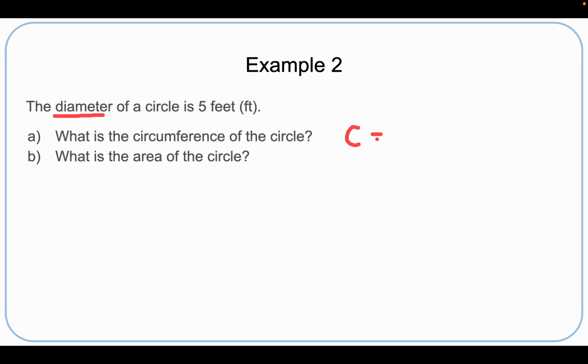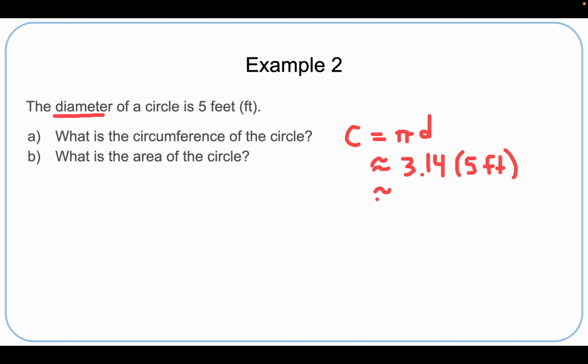Again, our formula circumference equals pi times diameter. So that will be approximately equal to 3.14 times 5 feet.